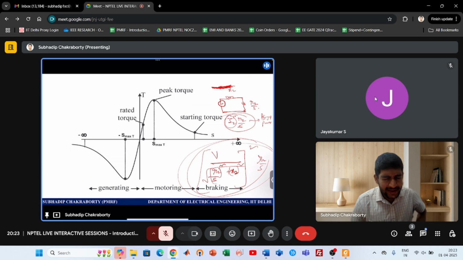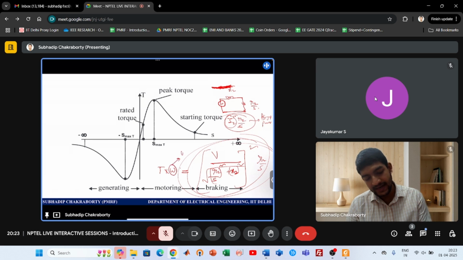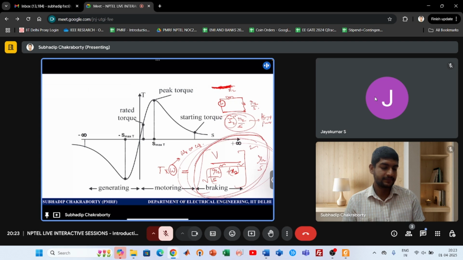So this power should be equal to torque into omega. Now what should this omega be? Omega R or omega S? I took the air gap power, remember.